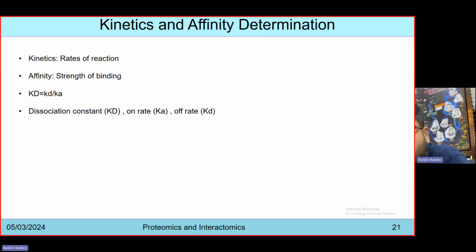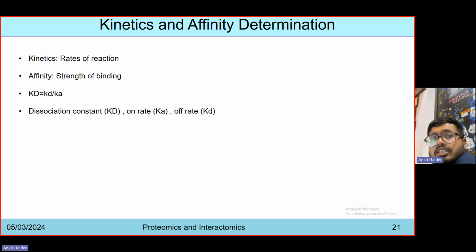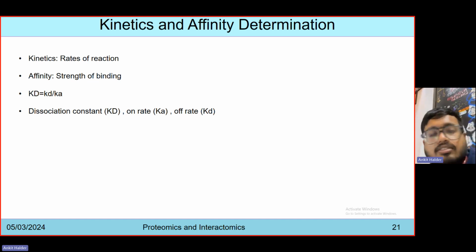So now different kinds of affinities can be determined, like kinetics, the rates of the reaction, and affinity, the strength of binding, KD, which comes from the on rate and the off rate.